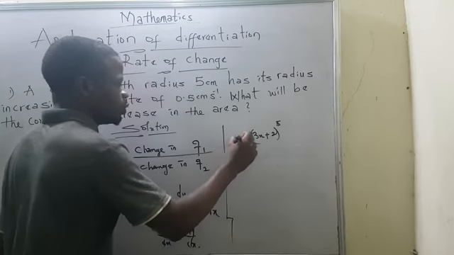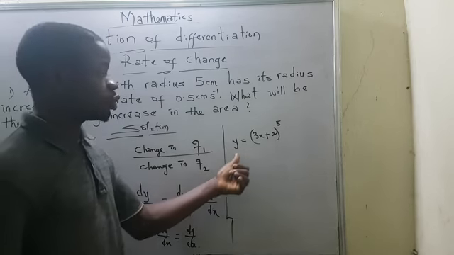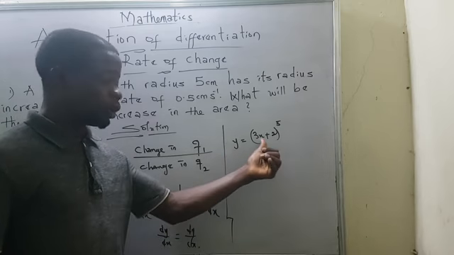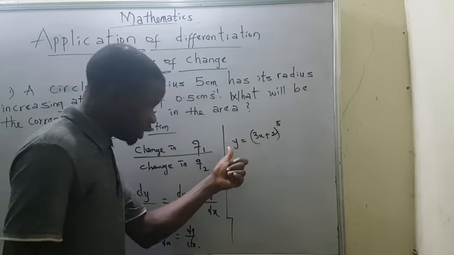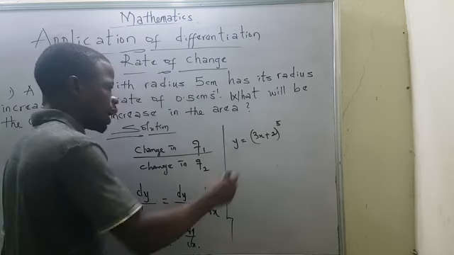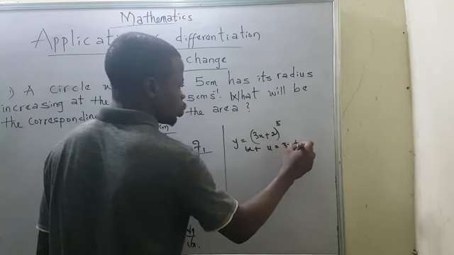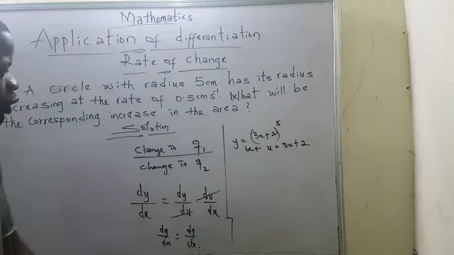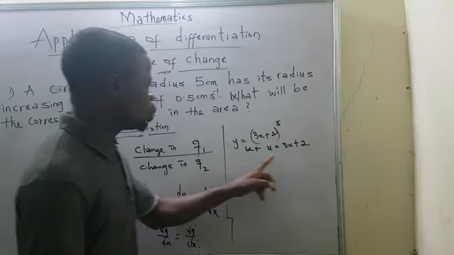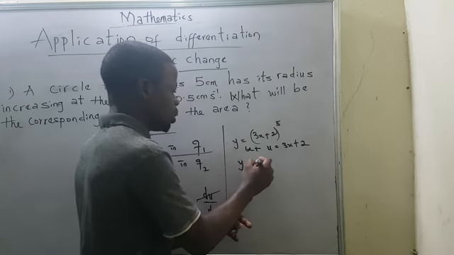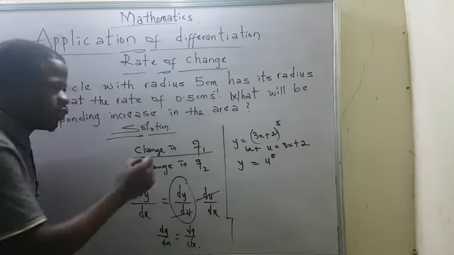I'm looking for dy/dx, and I'm differentiating this function with respect to the independent variable x. Here I can say u is equal to 3x + 2. This is where I'm bringing out this u. If u is equal to this, then my y will now be u raised to the power 5. That's where this one came from.